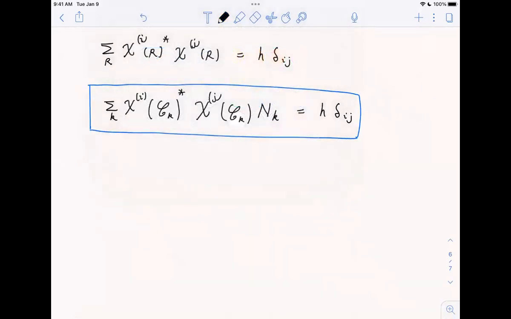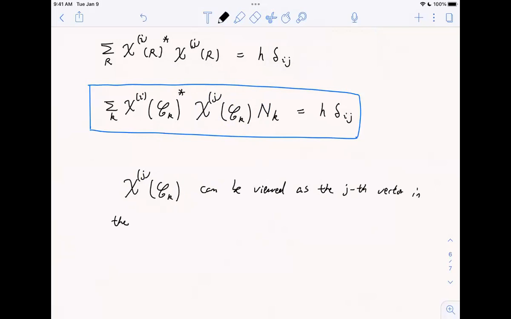Here you can see that this one, let me just copy, can be viewed as the jth vector in the class space with k dimension, because you're summing over k now.